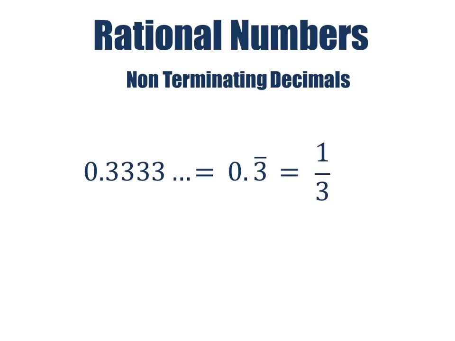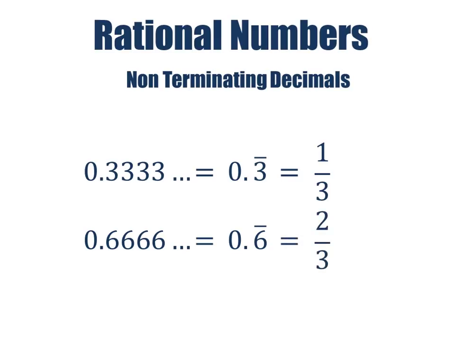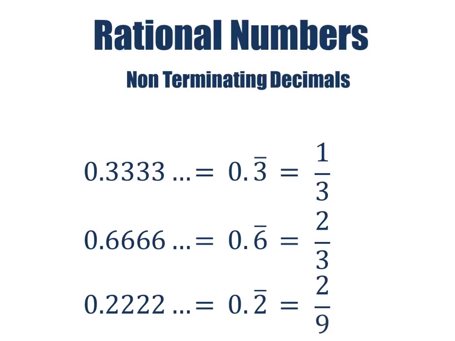You can check it out. If you divide 1 by 3, your calculation will never end. Similarly, we have 0.666 or 0.6 bar, which is also a fraction, that is 2/3. And 0.222, which is 0.2 bar, it is also a fraction, that is 2/9.